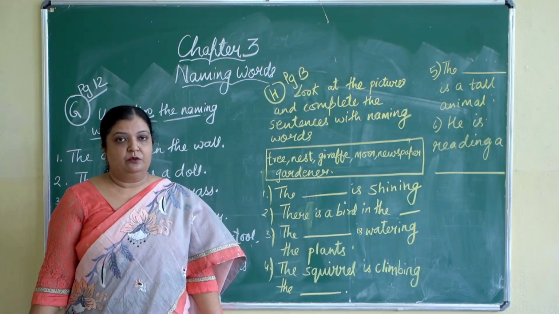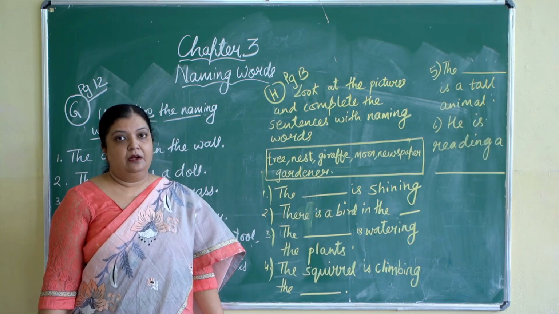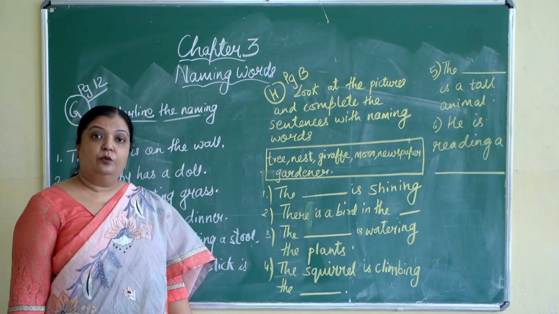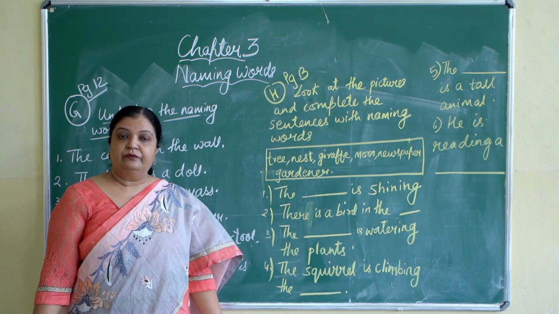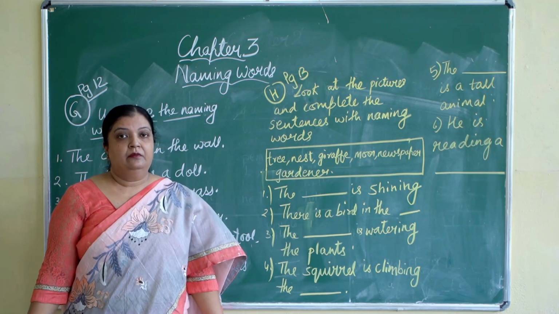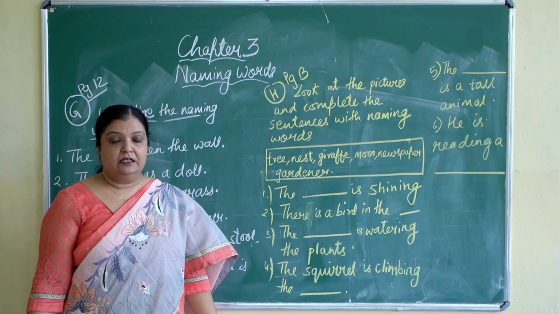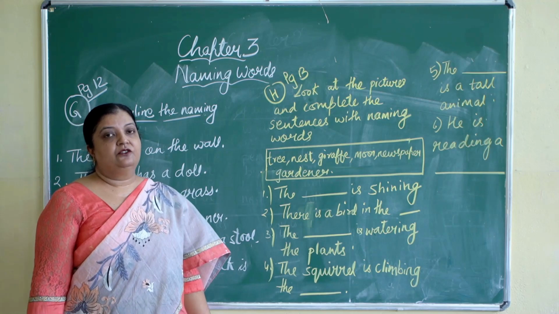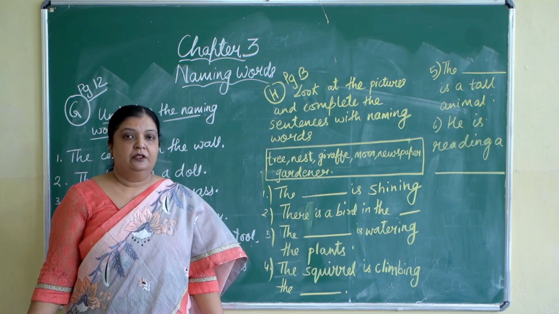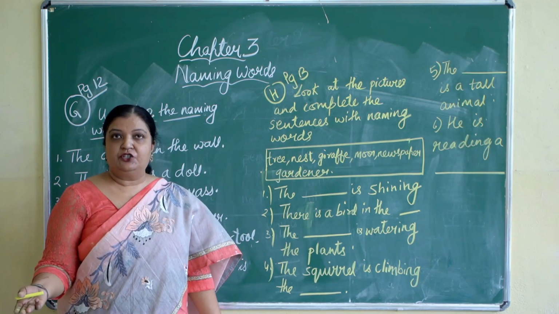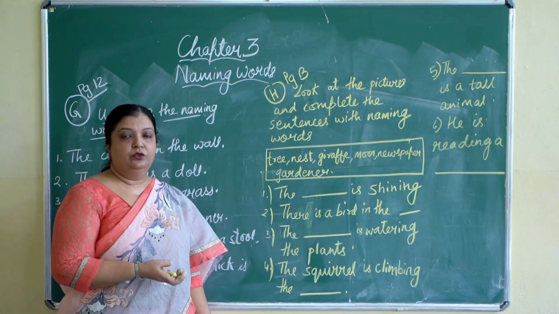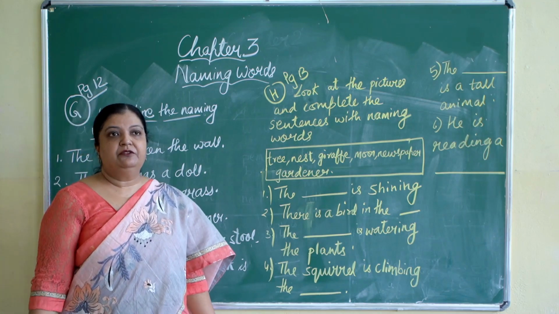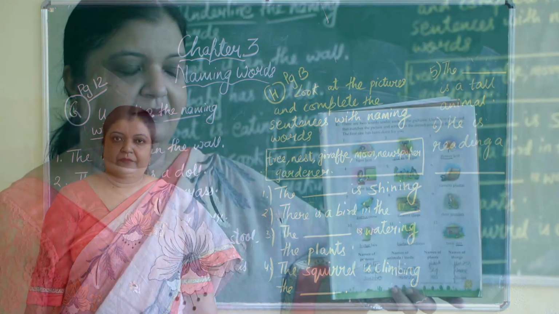You name them also, like shop, park, zoo, mall, and so on. So many animals are around you. So you call them monkey, cat, dog, fish, isn't it? And there are so many things around you. Mobile phone, bench, fan, blackboard, chalk, duster. So these are the naming words for all of them.